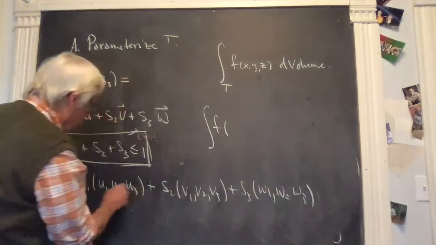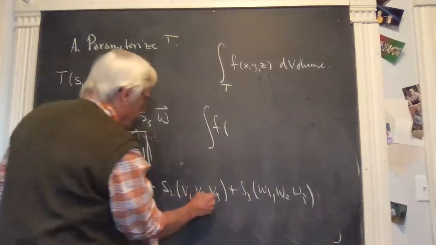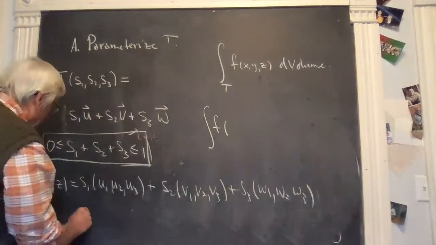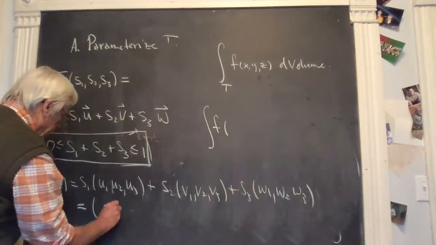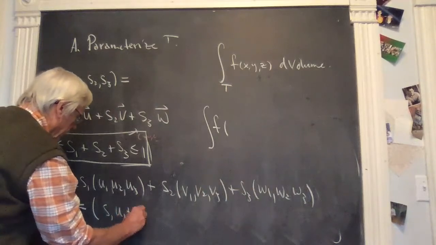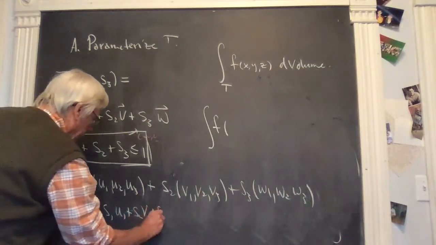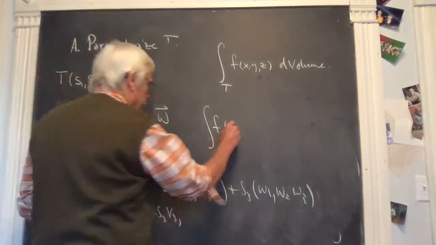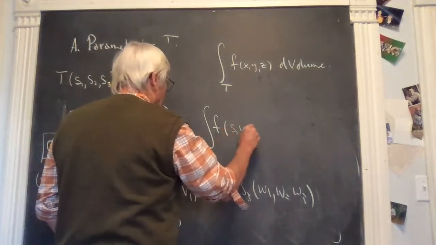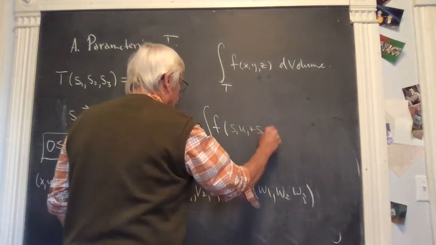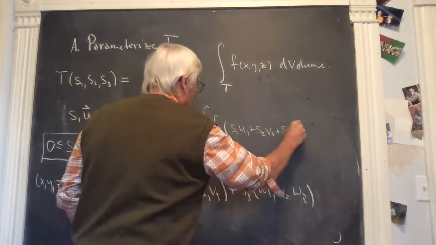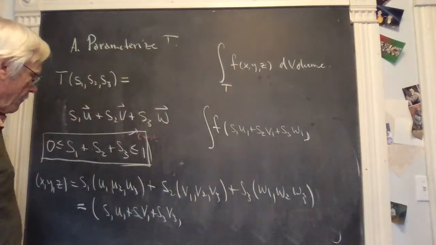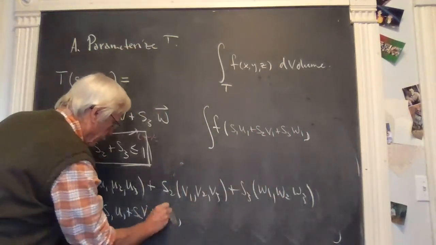u1, u2, u3, these are given. These we computed or could compute using the vectors that I gave you. So x is S1 u1 plus S2 v1 plus S3 w1. That is your x.